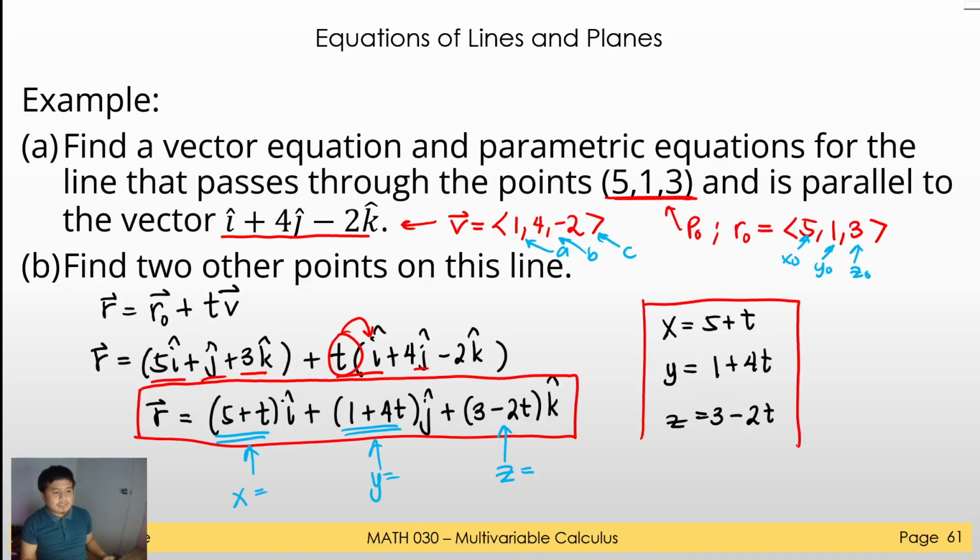Okay. So another question is to find two other points in this line. There is no instruction on which points we are trying to look for, so we can just choose any point in this line. We can substitute any t. It depends on you what you want to substitute as t.